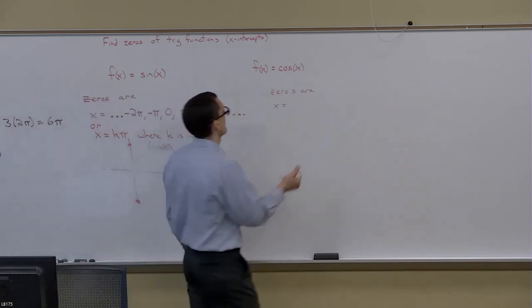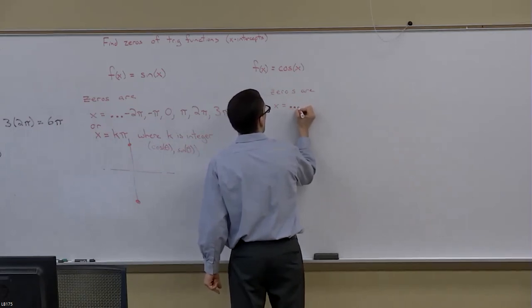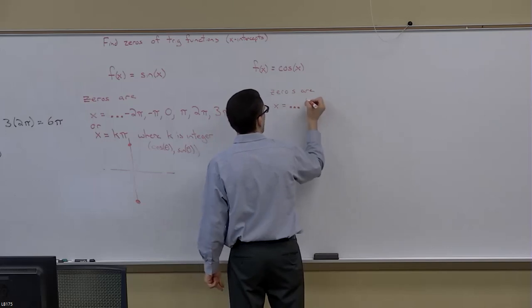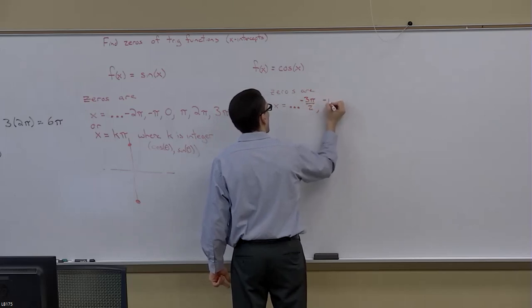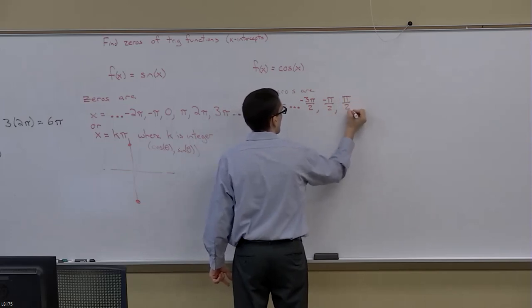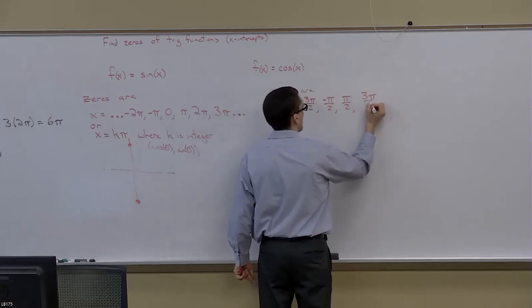So the zeros happen when the inputs are negative 3 pi over 2, negative pi over 2, positive pi over 2, positive 3 pi over 2.